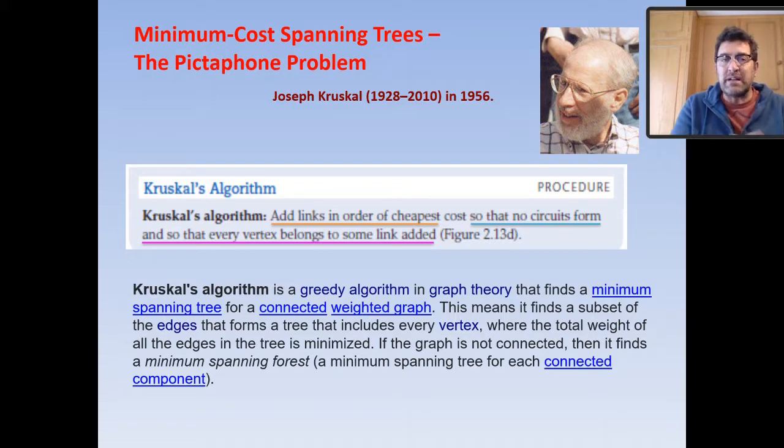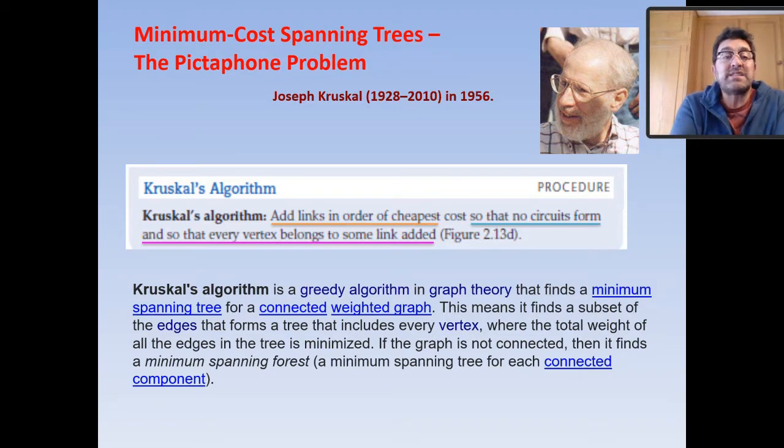Now, Kruskal's algorithm, like the sorted edges algorithm, is a greedy algorithm. It finds the minimum spanning tree for a connected weighted graph. Now, that's a lot of new words that we're learning here in our graph theory, but we'll pay attention to that just now.